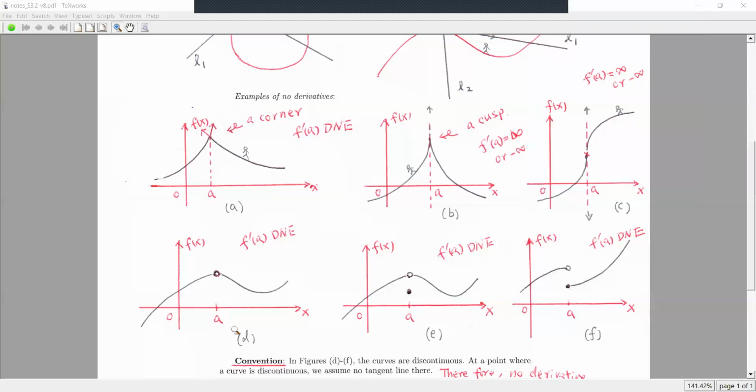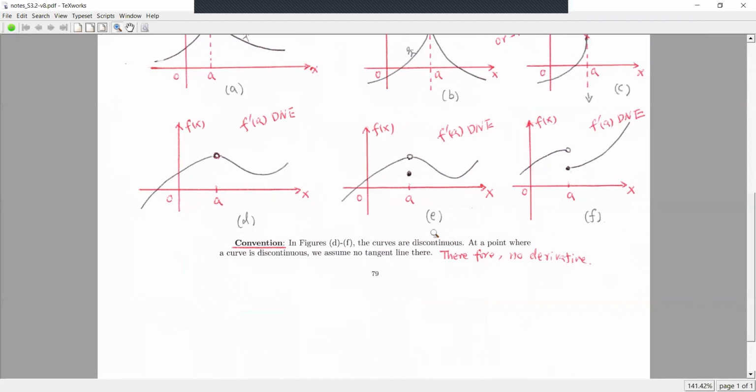In figures D, E, and F, the functions are not continuous at a point A. It is a convention: at a point where a curve is not continuous, we assume no tangent line there.